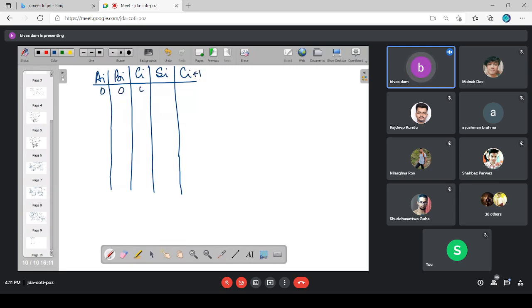So how many distinct input combinations will be there? 8. 2 to the power 3, sir, 8. So first of all, you must list all the possible input combinations.